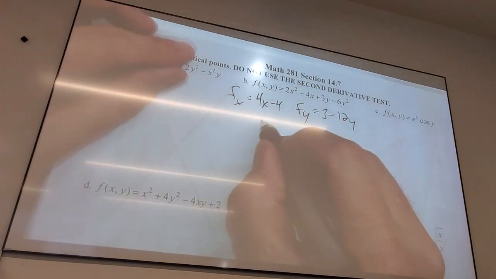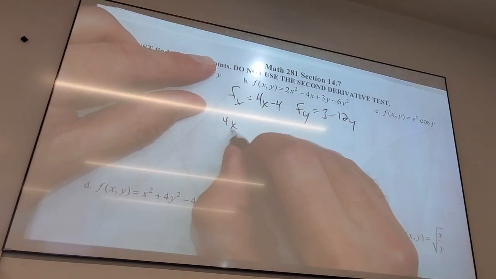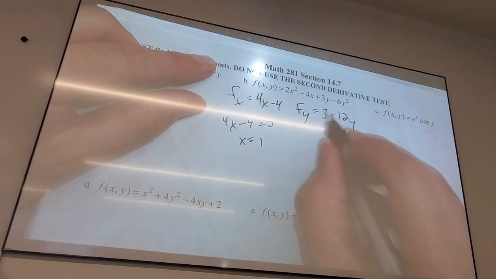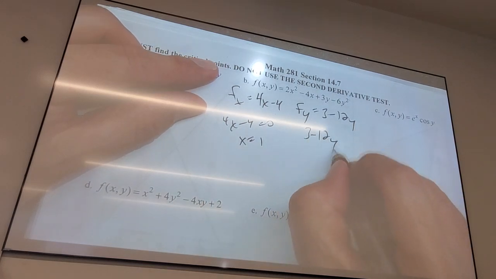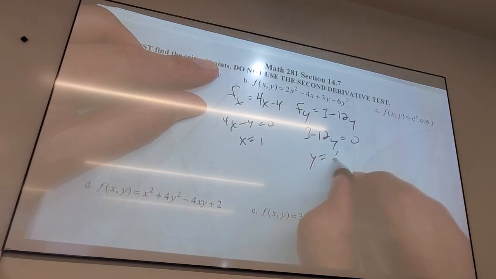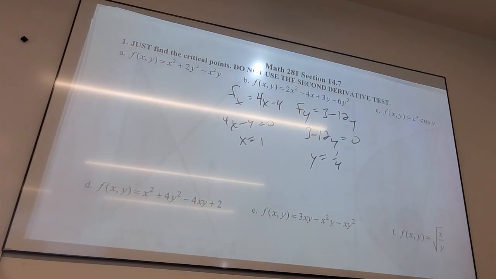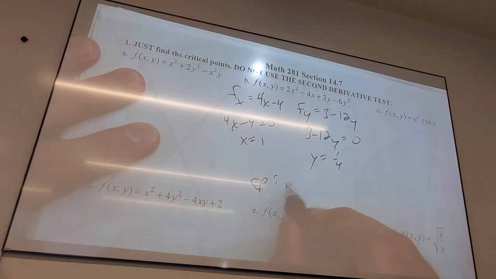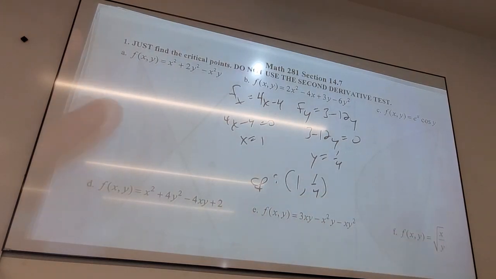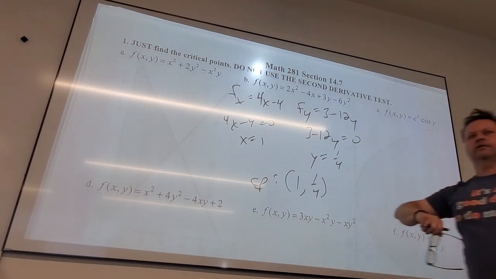So what makes this 0? 1. And what makes this 0? Yeah, 1/4. Is that cool? So what point has both of those true? So this one's nice. There's one distinct critical point, and you just have to construct it based on those.